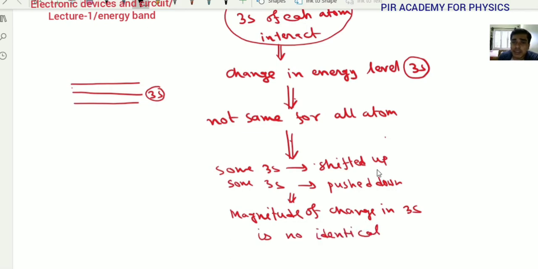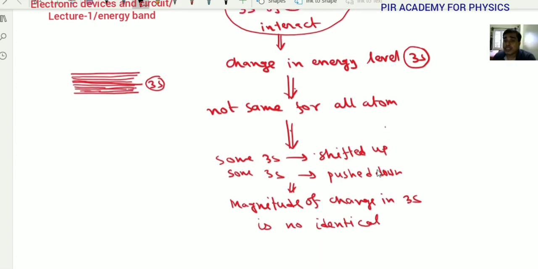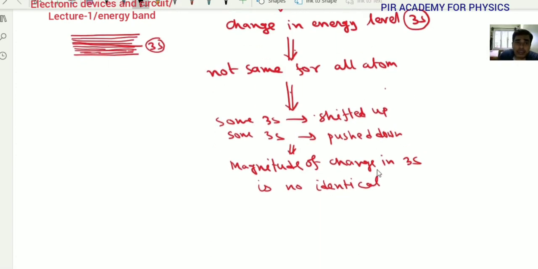That means some change is here, suppose this is another change, this is another change, and suppose there is another change. Okay, all atoms have several magnitudes of change.